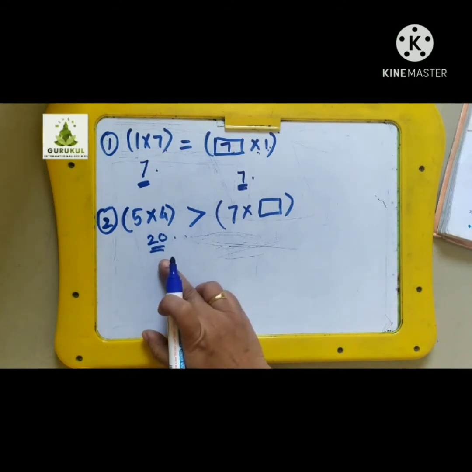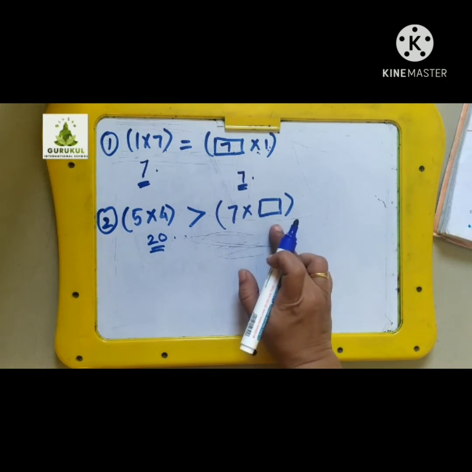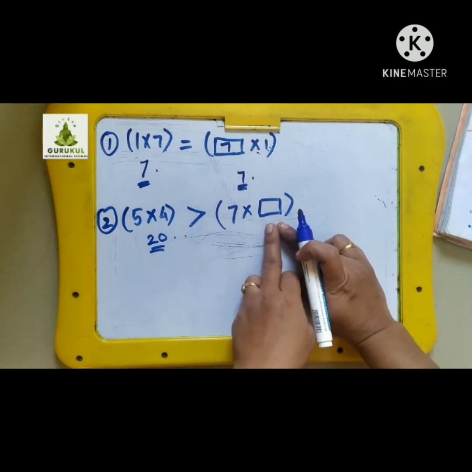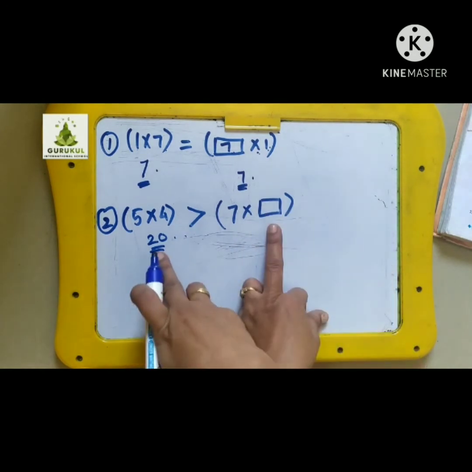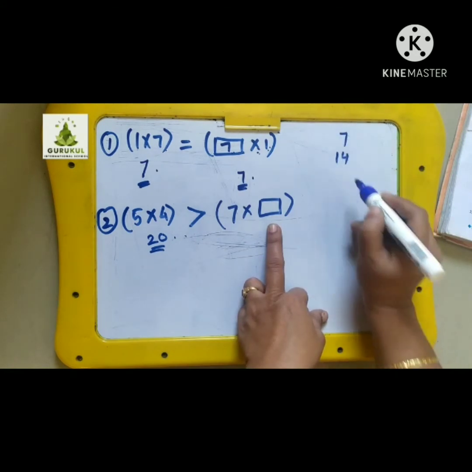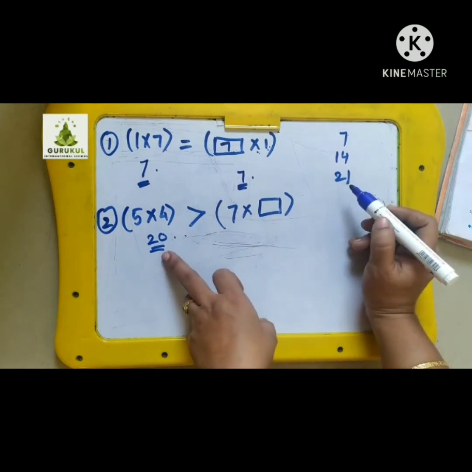That means this 20 is greater than whatever multiplication answer it will be coming over here. Now 7 into, now we have to identify a number which is less than 20. So 7 ones are 7, 7 twos are 14 and 7 threes are 21. You got 21 greater than 20.